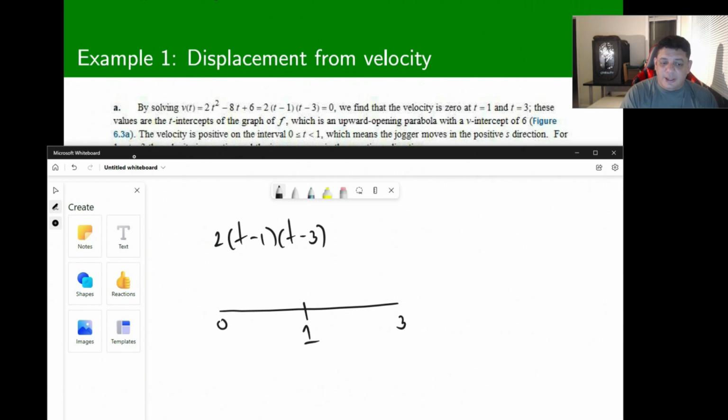If we take a number between 0 and 1, let's say 0.5, this is going to be negative here and negative here, so this is going to be overall positive in this part. And when we take numbers between 1 and 3, let's say 2, this is positive, but this is negative, so this is going to be negative overall.